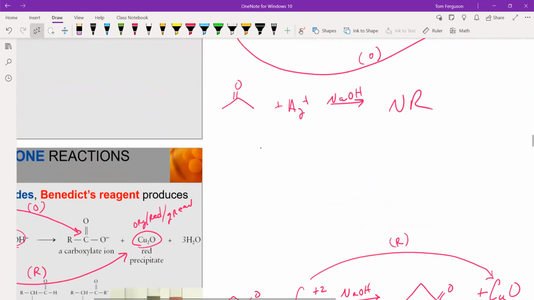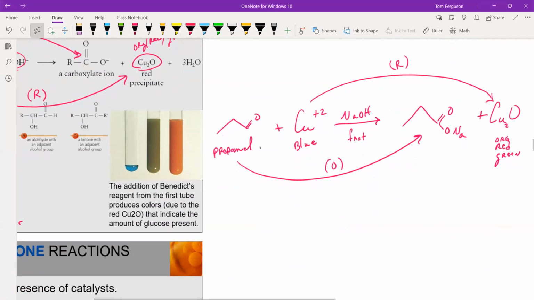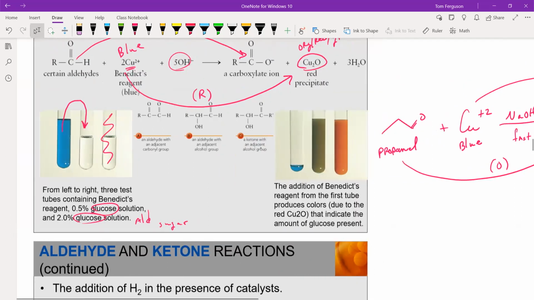The silver is a much slower reaction, but this Benedict is really fast, within seconds. Okay, we need to know those two reactions. Don't worry about this. There are two exceptions to this reaction. That's what they're talking about there.